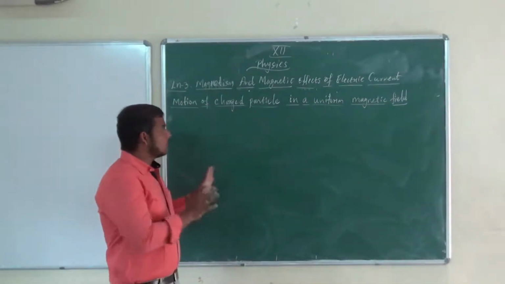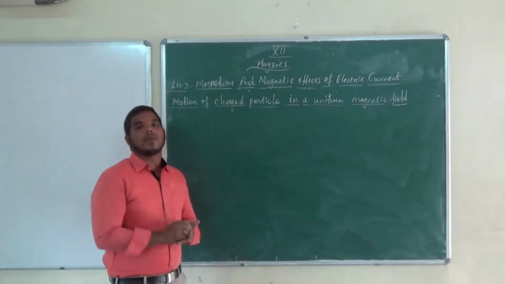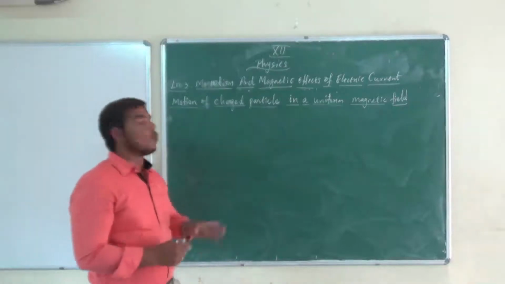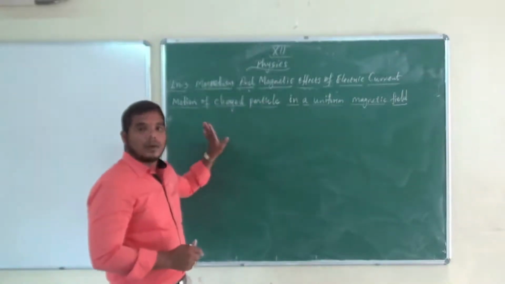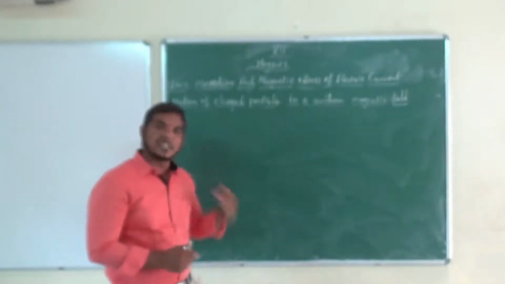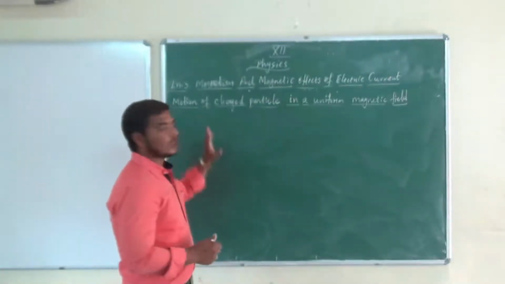Definitely they will ask in this topic, maybe for 1 mark, 2 mark, 3 mark or 5 mark. Mainly focus on problem based questions. Created problems and created questions will all come from this topic.